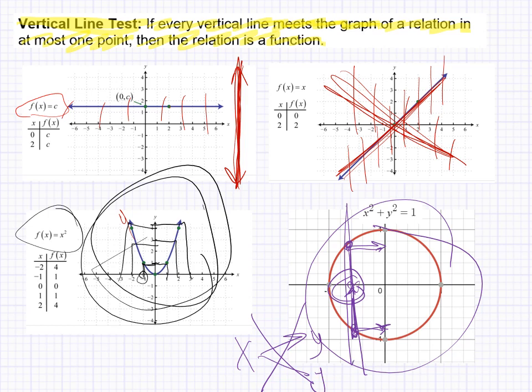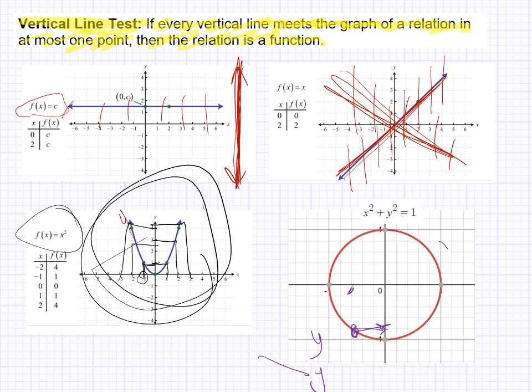This circle does not follow the definition of a function. So a vertical line test right away tells me that any graph of an equation that represents a circle cannot be a function. This is the equation of this particular circle, x squared plus y squared equals 1. So you can look at the graph of any equation and determine whether or not that equation represents a function simply by using this vertical line test.